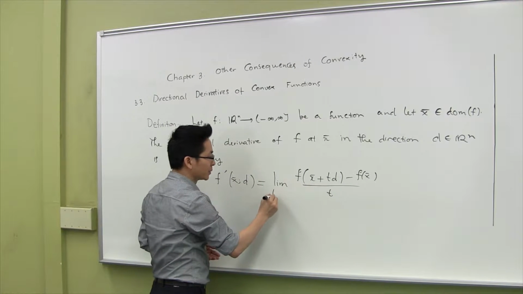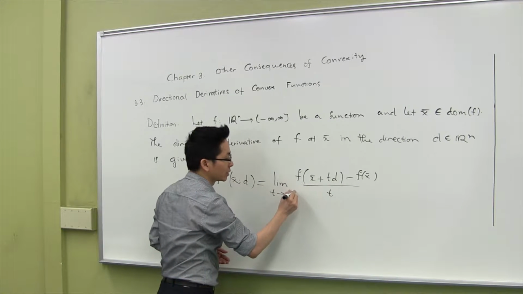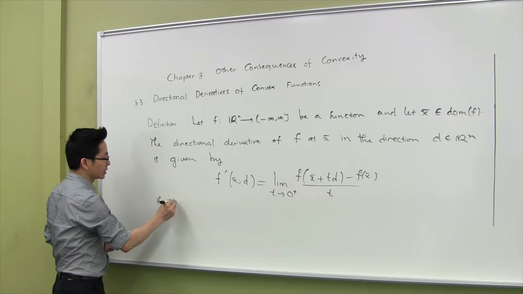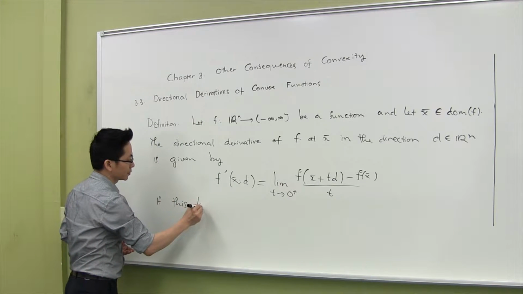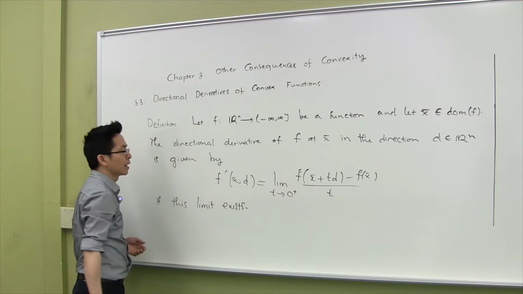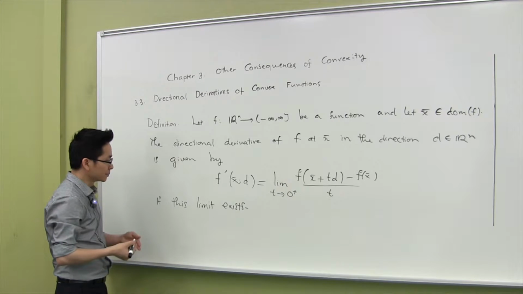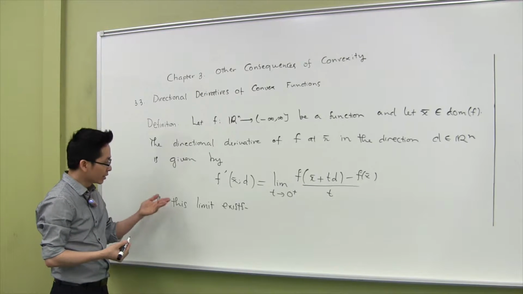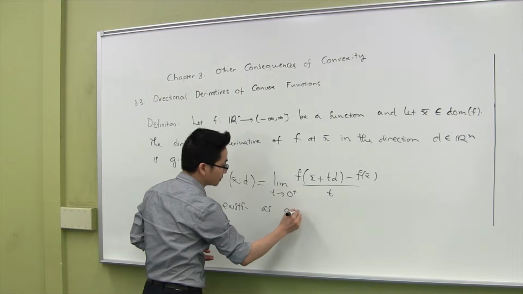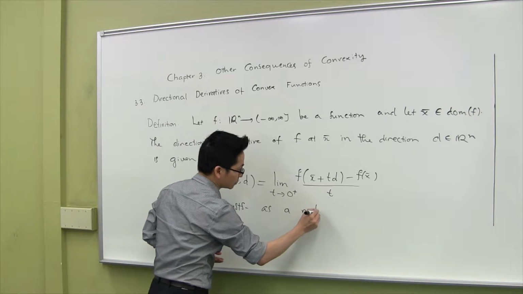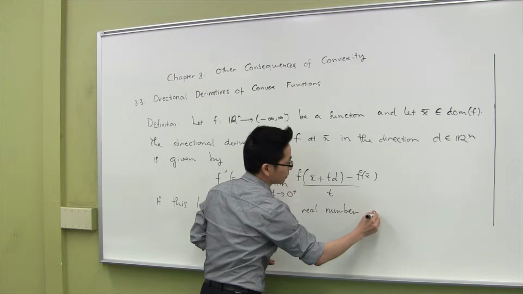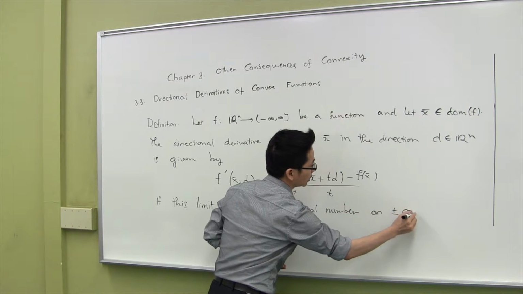Here t approaches 0 from the right, if this limit exists, and to clarify, I want to mention that if this limit exists as a real number, or plus or minus infinity.